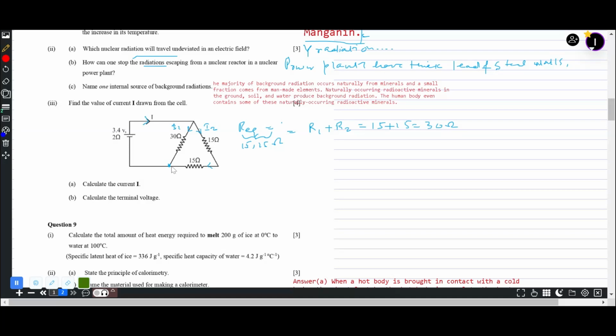And then they are in parallel with another resistor of 30 ohm. So we can redraw this circuit. We have a resistor here of 30 ohm, and we have another resistor here of 30 ohm.